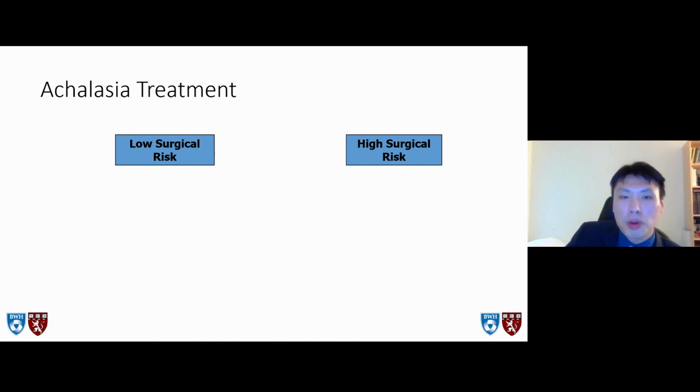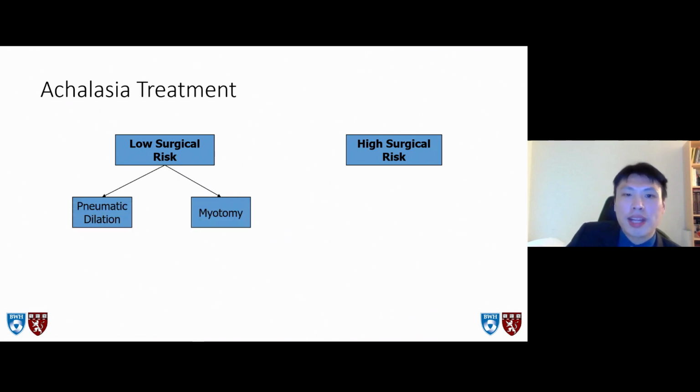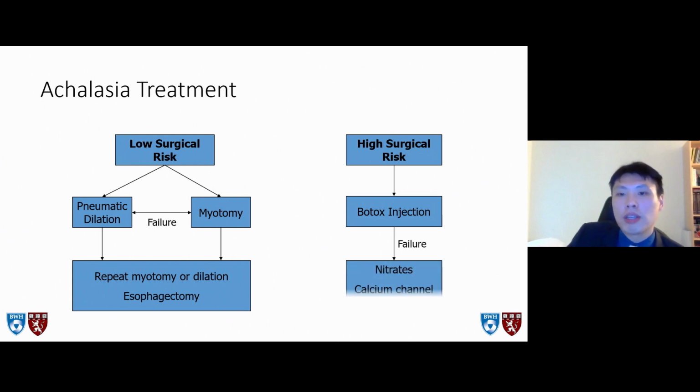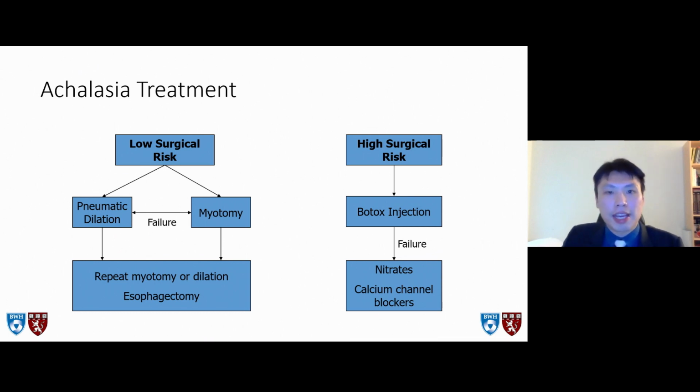So low surgical risk, we want to do either pneumatic dilation or myotomy, and if they fail, you can then think about repeating and doing the other therapy. In high surgical risk patients, we would generally do Botox or, if they fail, smooth muscle relaxant because of potential complications.